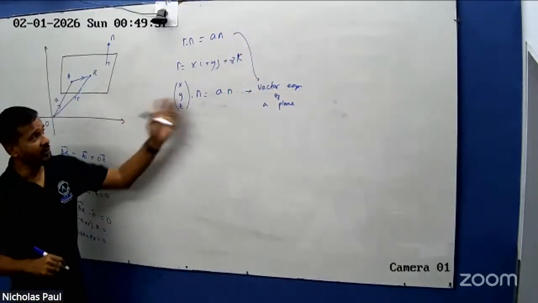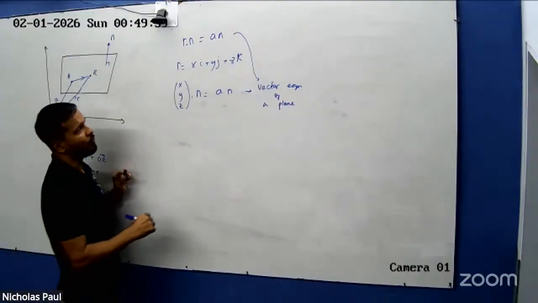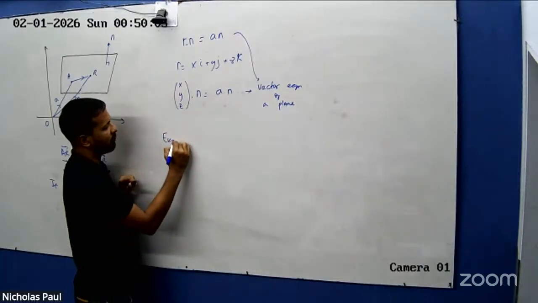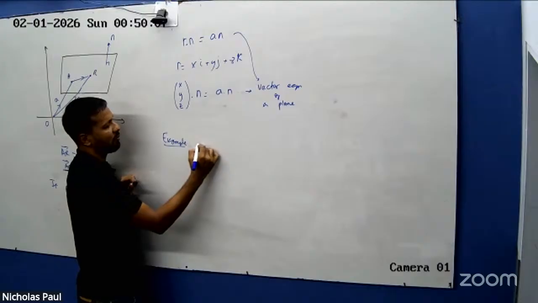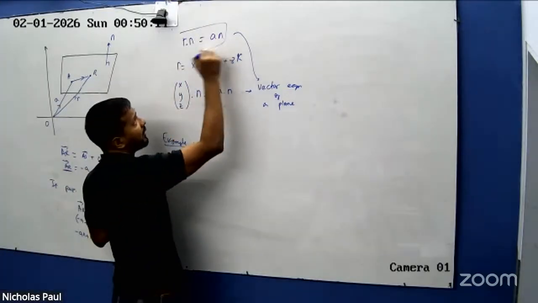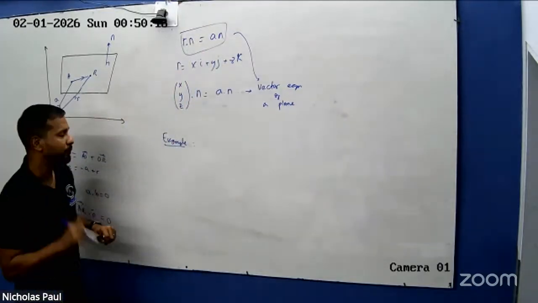If you were to multiply this out, you'll be able to get the Cartesian form. But I want to give you an example. This is what we're trying to obtain from that little proof.